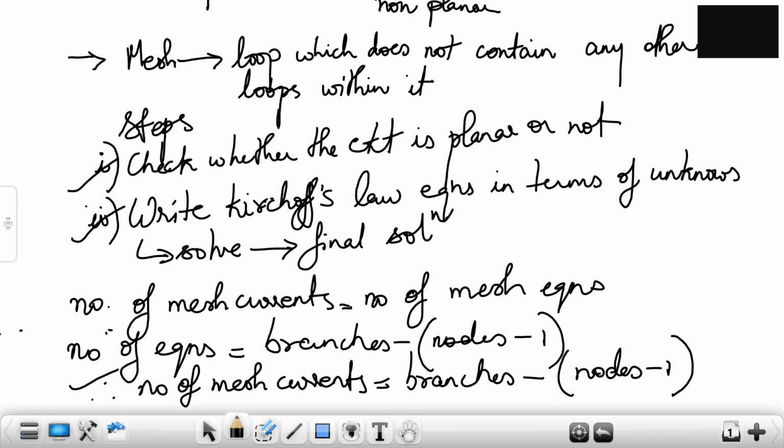Let's start with some problems. Okay, take down the first one.